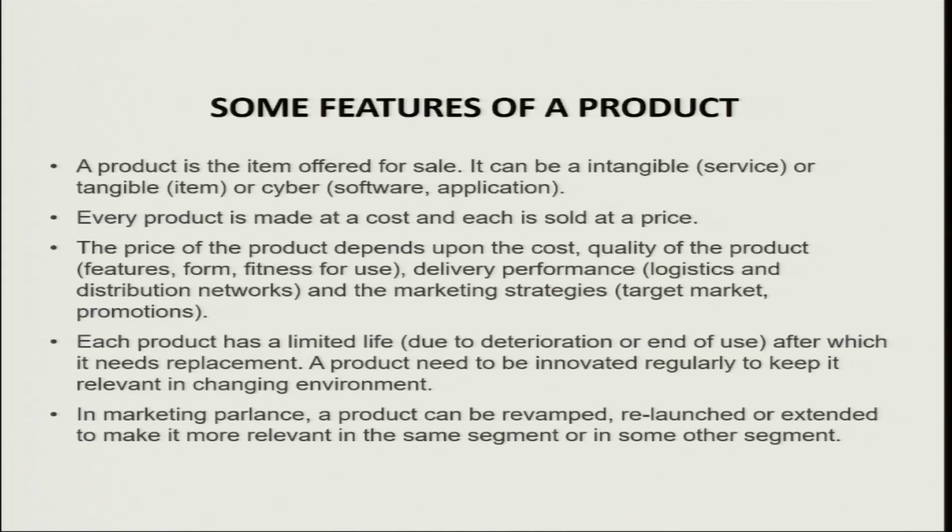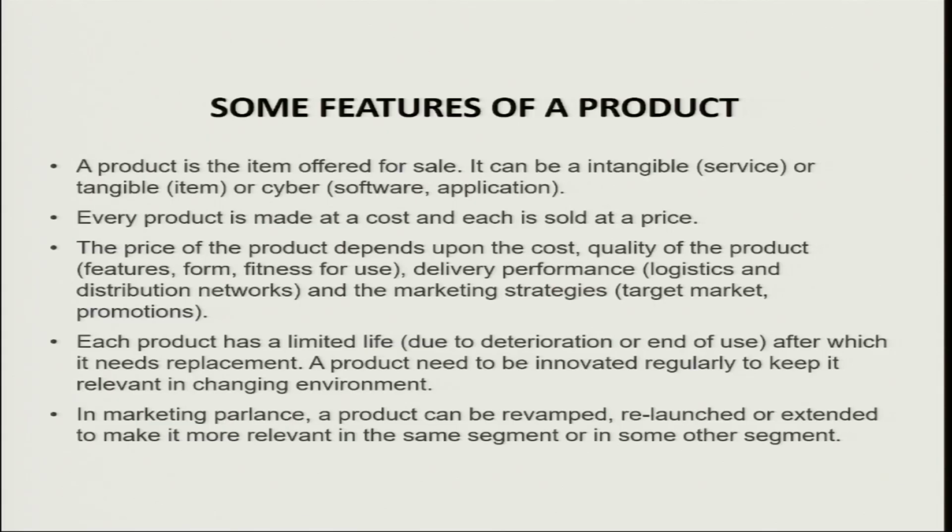Every product is made at a cost. When we manufacture a product, some cost is incurred and then it is also sold at a certain price. The price of the product depends upon the cost incurred in producing it, the quality of the product in the form of features and fitness for use, and also the delivery performance. Many times we get a premium on our product, though the product is the same, because of good delivery performance.